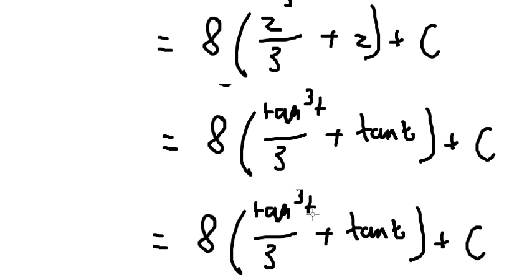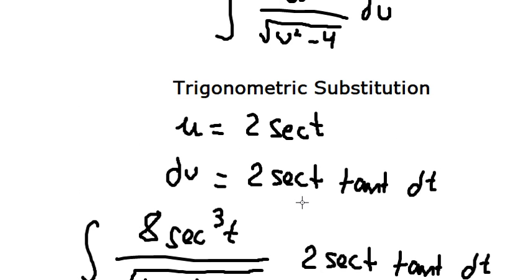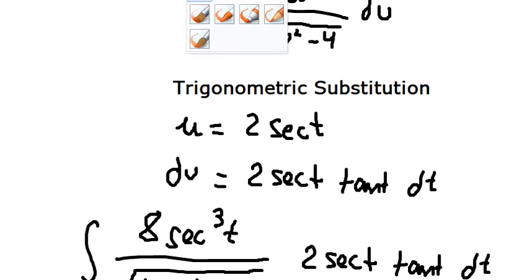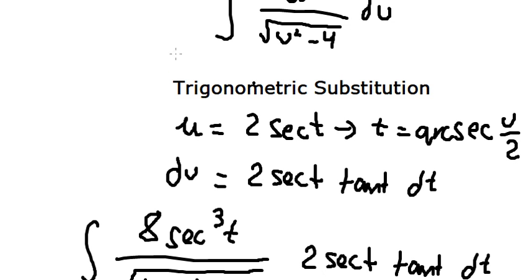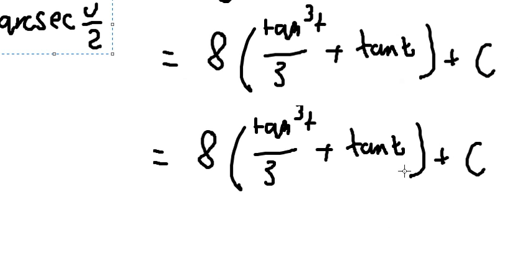About tan t, we need to go to this one, so we divide both sides by 2. We got arcsecant of u over 2, so we put this one in here.